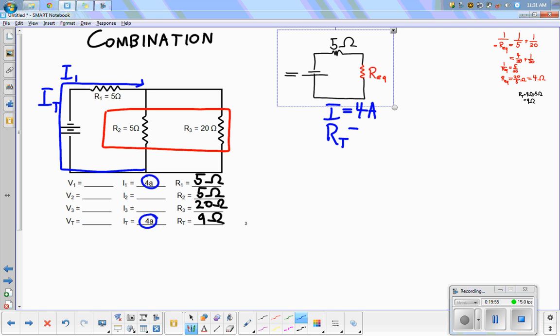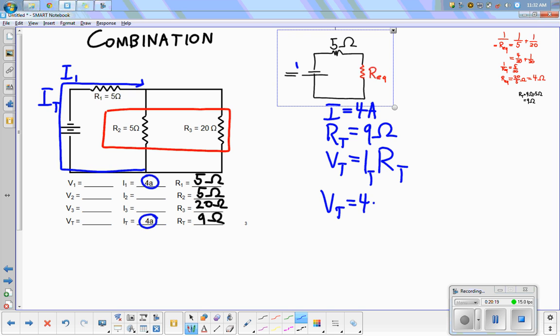We want to find the voltage of our battery over here. Well, that's pretty easy. Voltage is current times total resistance. In this case, total current times total resistance, because I'm looking at this single series circuit right here. Our total voltage is going to be 4 times 9, which is 36 volts.